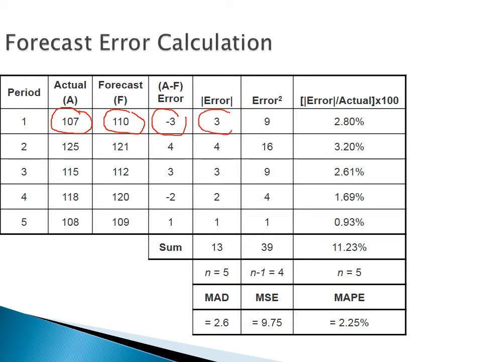We get rid of that negative sign, we square it, and then we find the percentage. If we sum up the absolute values and average them, we get the MAD. For the squares, we get the mean square error, and for the third column, we get the percentage error.